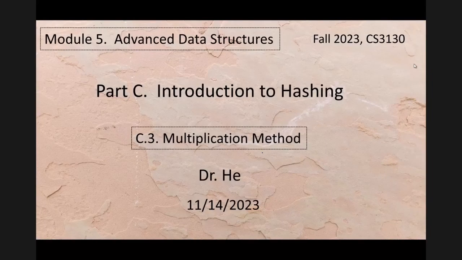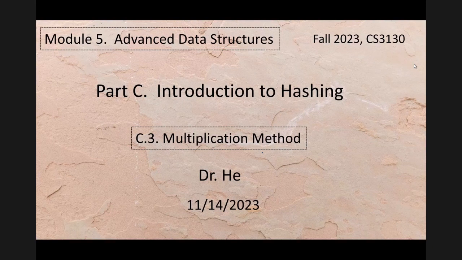C.3, another one. This one, multiplication. It should be better than division. So we have more freedom. In the division method, we do not have too much freedom: a prime number not close to a power of 2, we do not have many choices.